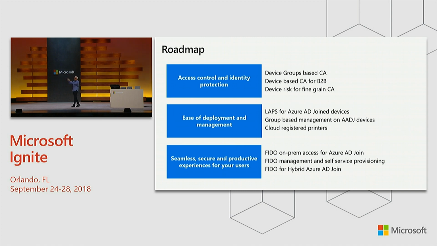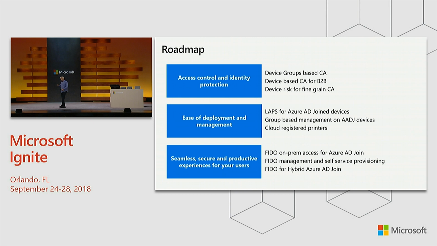They've already done MFA in their tenant, and it's a highly trusted partner. And you want to trust those assertions when they come and try to access resources on your tenant. So one of the things we want to empower you to do is enable who you want to trust and what assertions you want to trust from the home organization. So that's the device-based CA for B2B.